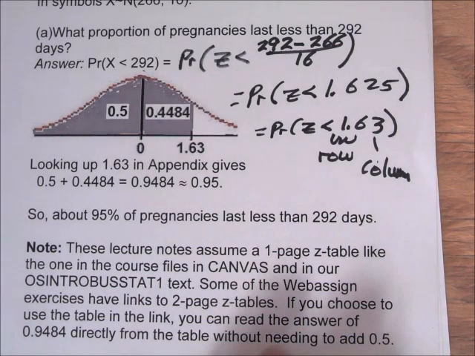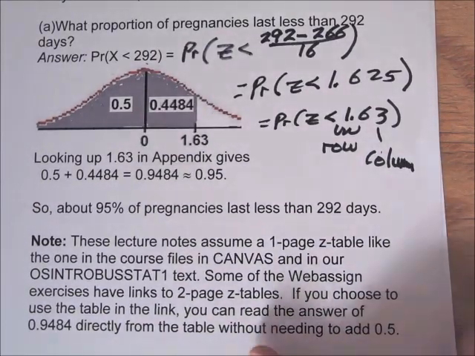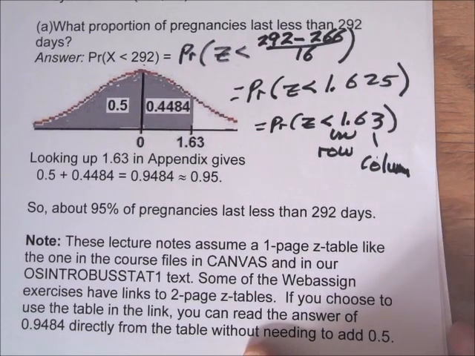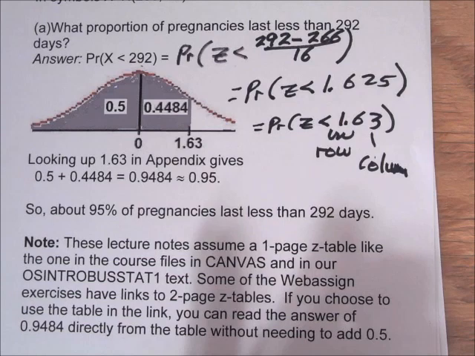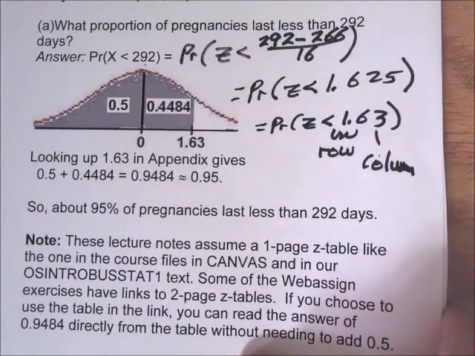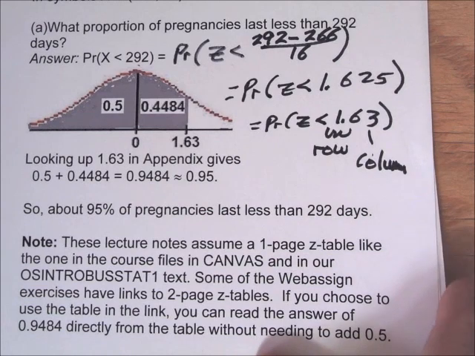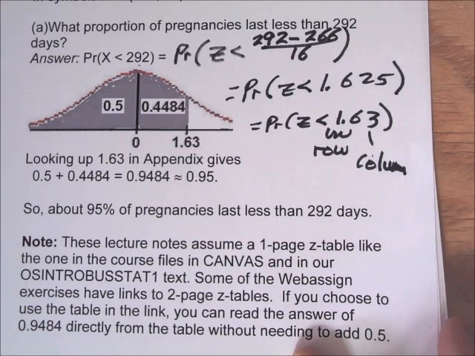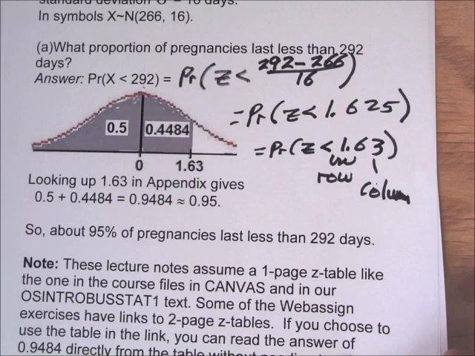In that case, you don't have to add the 0.5. So for certain problems, the two-page table is easier. For this problem, it's a little easier because you don't have to add the 0.5. But for other exercises, the one-page table is easier. I would suggest you get used to using the one-page table, because that's the one in our text, and it's also the one in the course files.